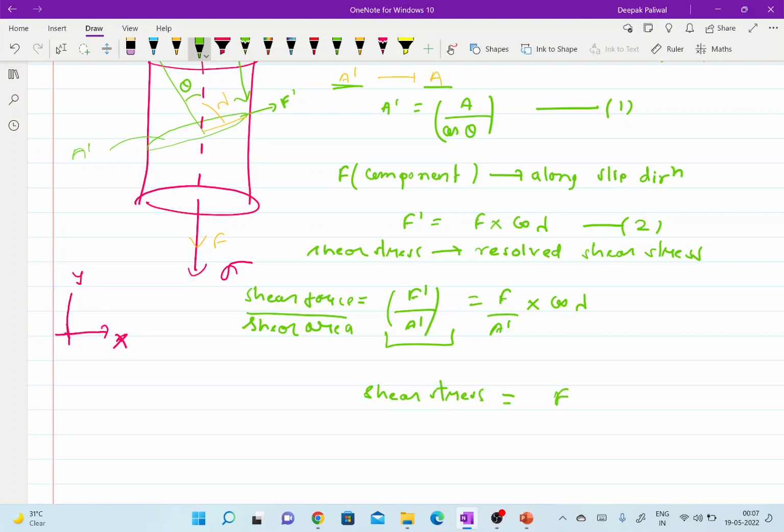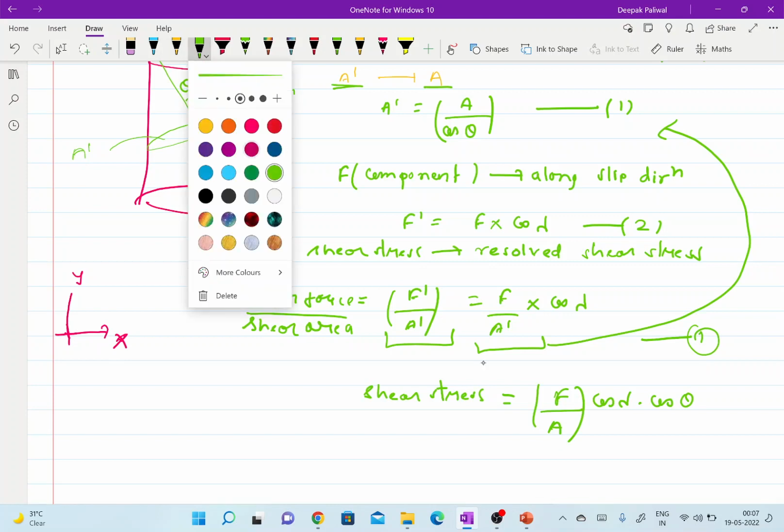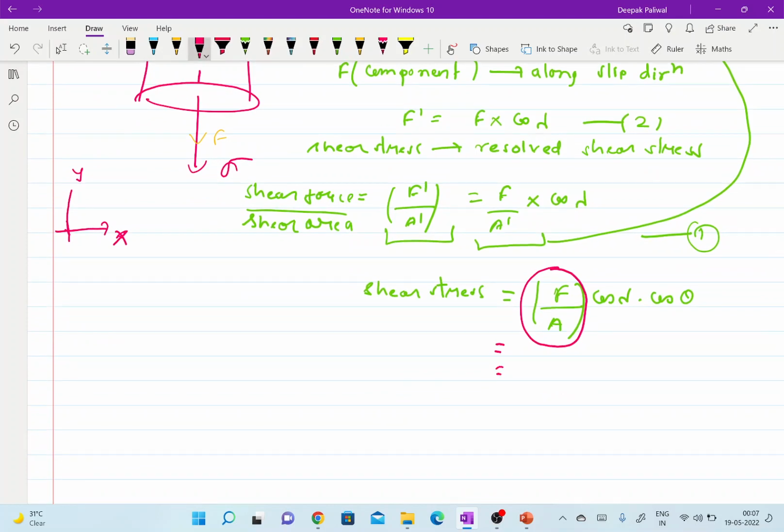Again, from equation 1 we can write A prime is A cos theta, and again I will write cos lambda and cos theta. So this F by A is the unidirectional stress that you are applying, and this cos lambda times cos theta is your Schmid factor.